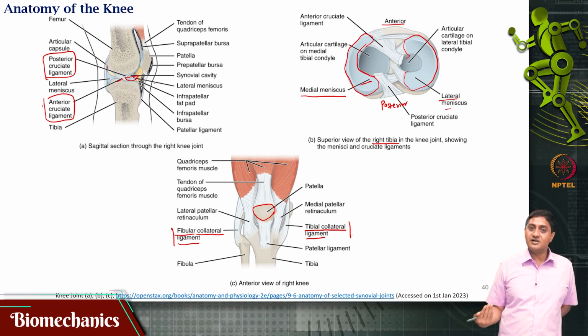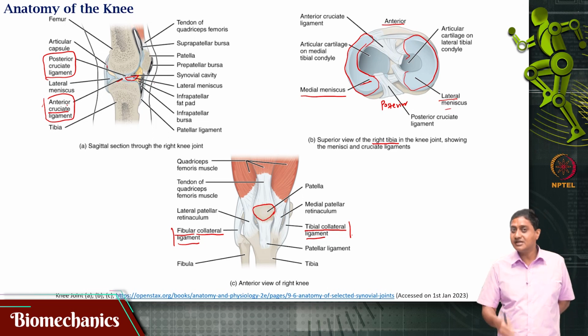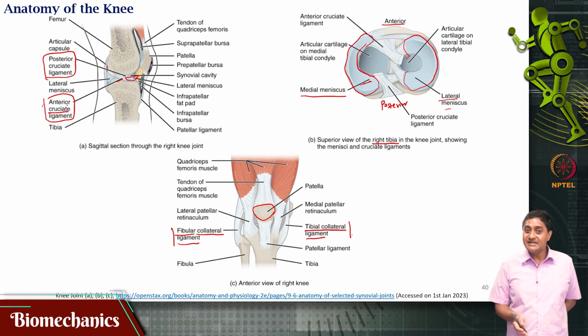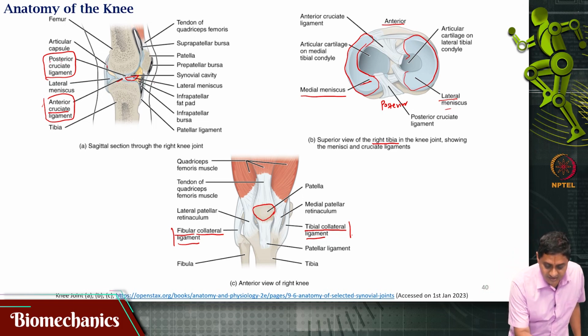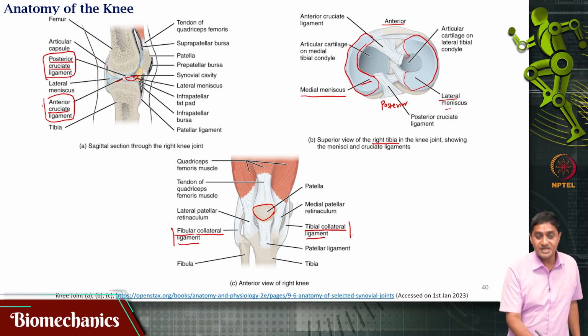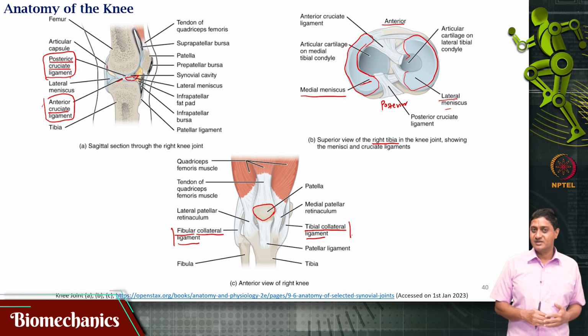Cruciate means crossing over, anterior means on the front side. The anterior cruciate ligament crosses over on the front side, and there is one more, the posterior cruciate ligament, that is on the back side, that also crosses over from the medial side to the lateral side.